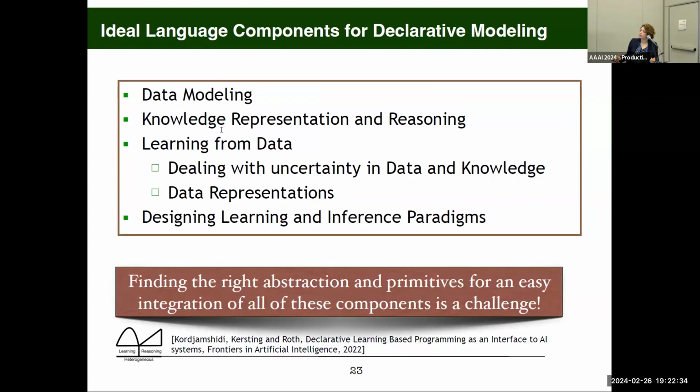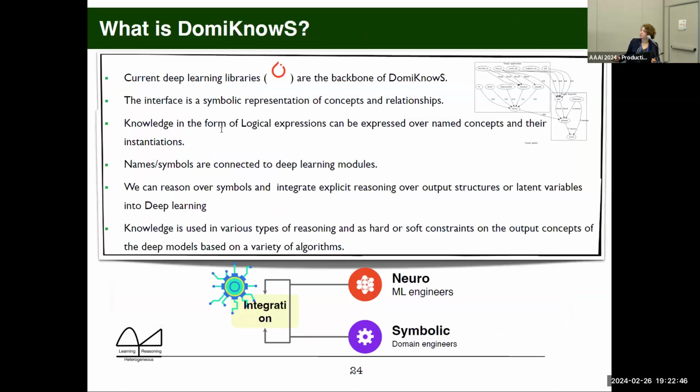So how do we want to program this? We need paradigms that support data modeling, knowledge representation. Of course, the learning should be there, and designing different inference and learning paradigms. So we have a framework called DomiKnowS that we try to do this. The underlying layer is PyTorch, but we have a symbolic interface, a symbolic representation. The knowledge can be expressed with logical expressions and quantifiers. And then we can connect these names or symbols to the neural models, whatever model you want.